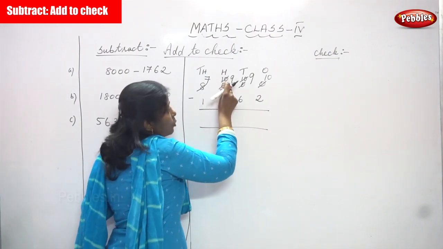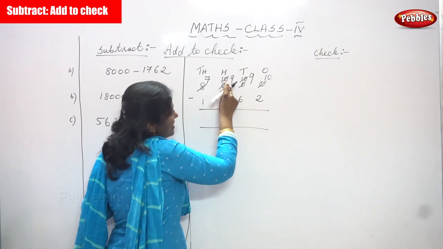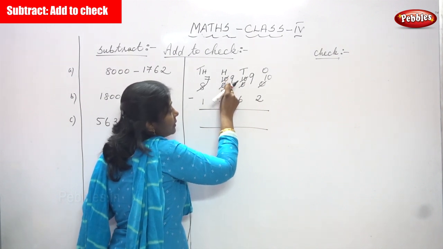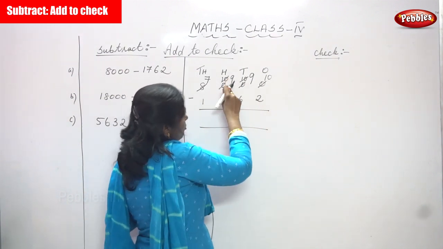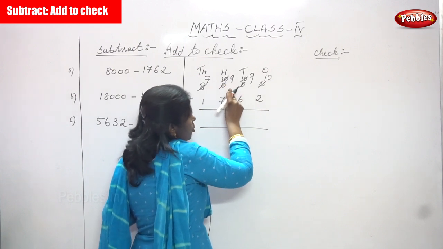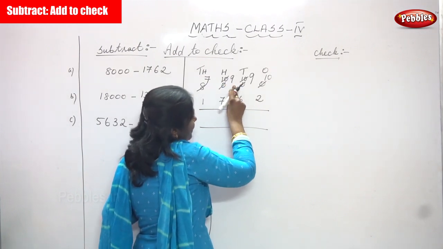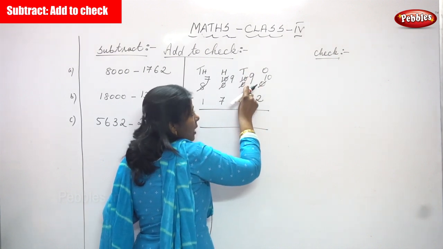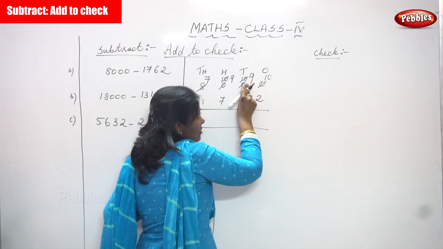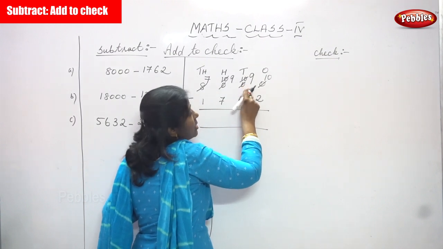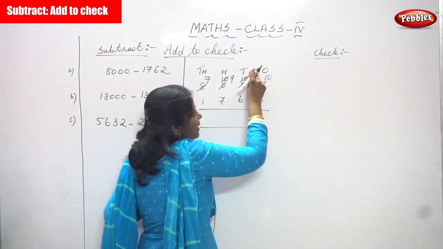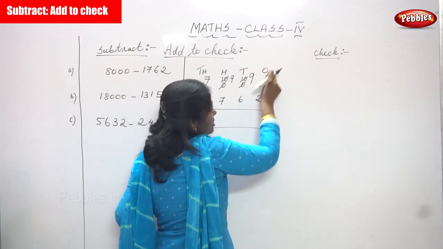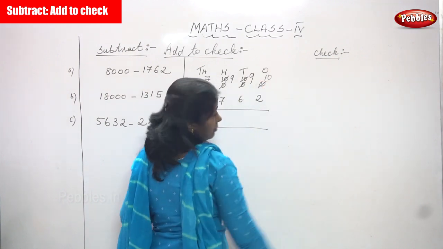Now you have to borrow 1 from this 100 place. So this 10 becomes 9, and the tens place 0 becomes 10. Now again you have to borrow 1 from the tens place. So this 10 becomes 9, and the ones place 0 becomes 10.